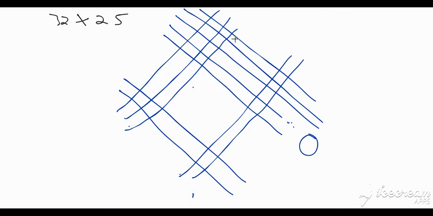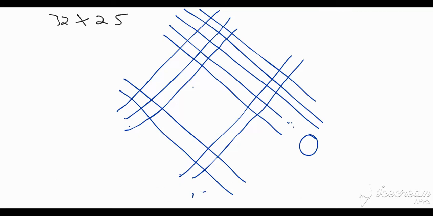So let us count off the number of intersections we have in the middle. We have 1, 2, 3, 4, 5, 6, 7, 8, 9, 10, 11, 12, 13, 14, 15, 16, 17, 18, 19. And bear in mind that we have an additional 1 here that came from the ones position. So we have 20.